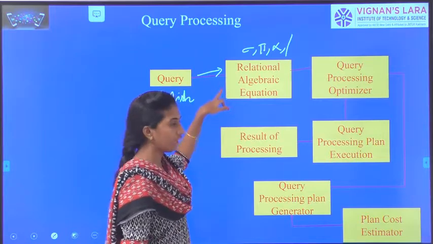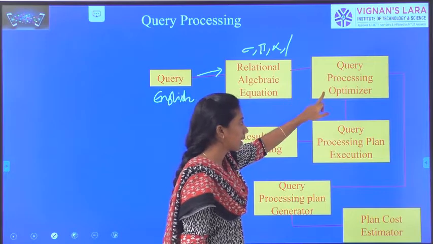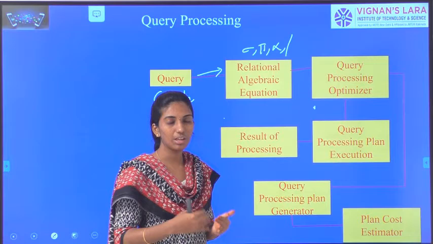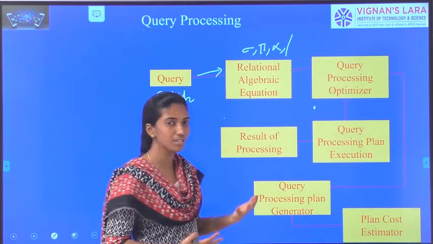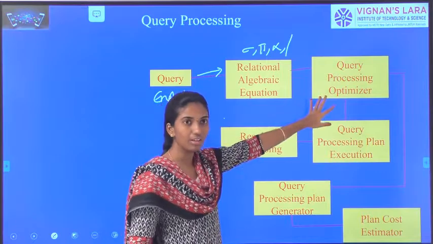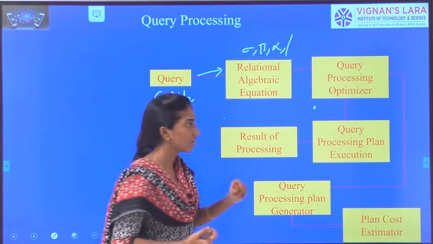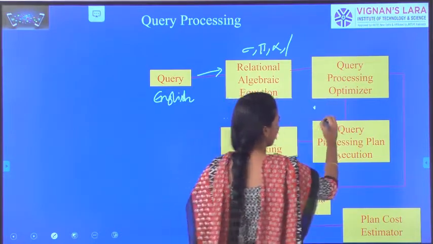Whenever this relational algebraic expression is given, it goes to the query processing optimizer. If there are many internal queries, the optimizer is going to optimize the query by seeing whether it can be replaced by AND or OR operations. After optimizing, it is given to the query processing plan execution.